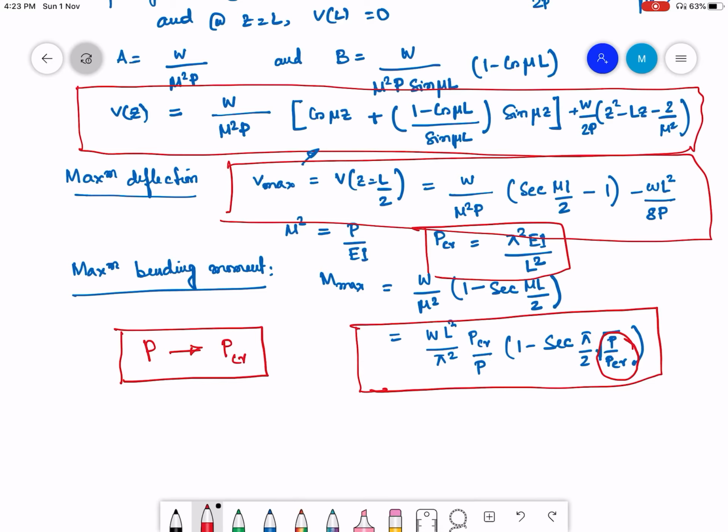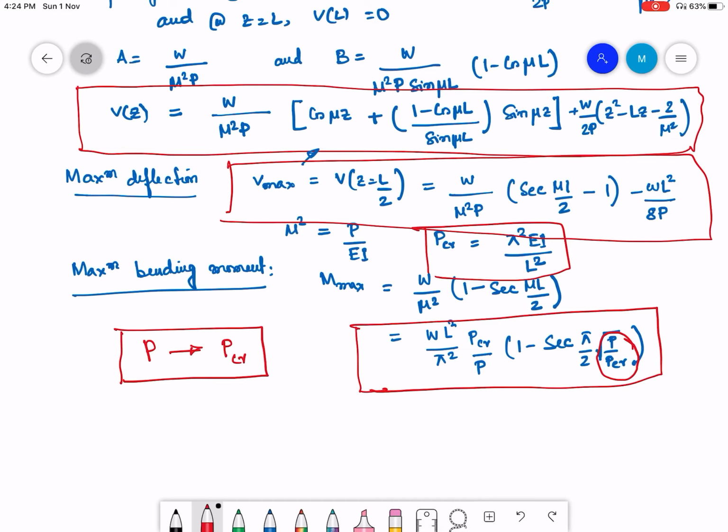Now, saying this, I should also mention something here. The essential difference between a perfect column and a column with imperfection, or a beam column, is that for a perfect column, the buckling was initiated only when P was equal to P critical. But for the last two cases that we have analyzed, the bending or buckling will initiate as soon as a non-zero axial compressive load P is applied.